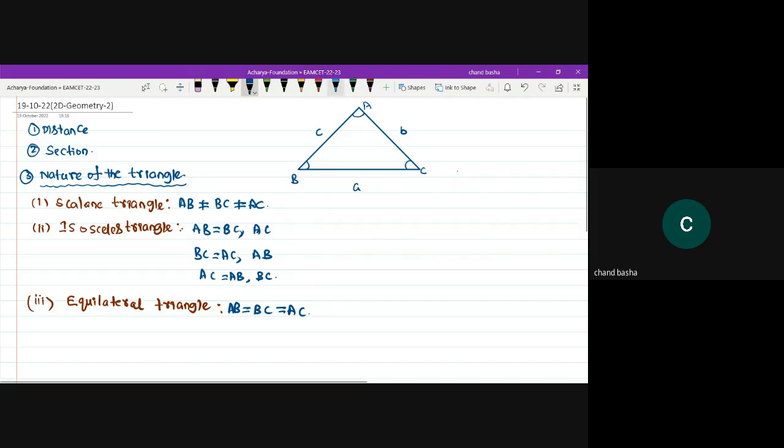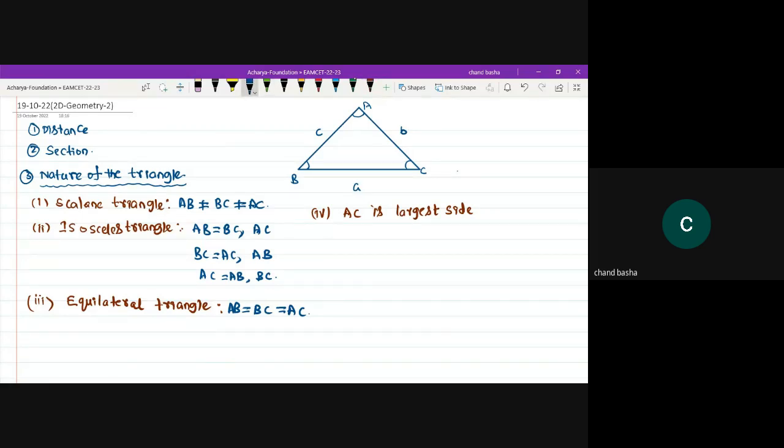Now the fourth point: out of the three, suppose AC is the largest side, meaning its length is greater than the other two. Then the following properties are defined.